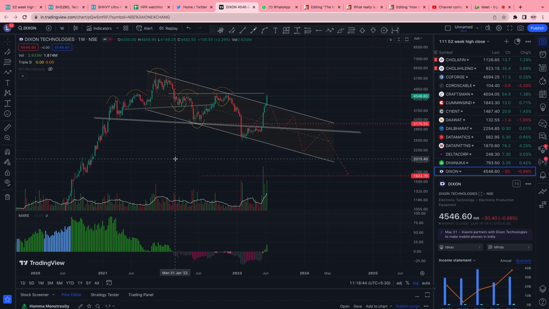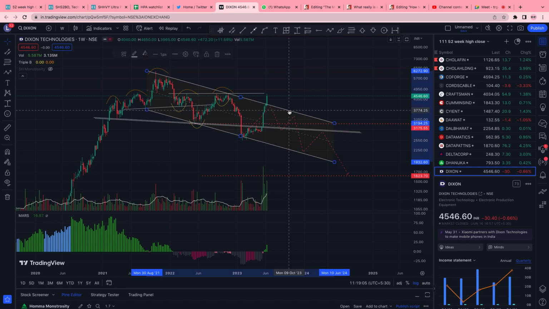But it's a great stock apparently, and the great stock was in a downtrend. The downtrend started from here, because this was the previous swing high. The previous swing high got broken here, or at least the trend line got broken here, and then we started a downtrend. Then we formed a low, then we formed a lower high, then we formed a lower low. Now what's happening is it has broken out of this descending channel.